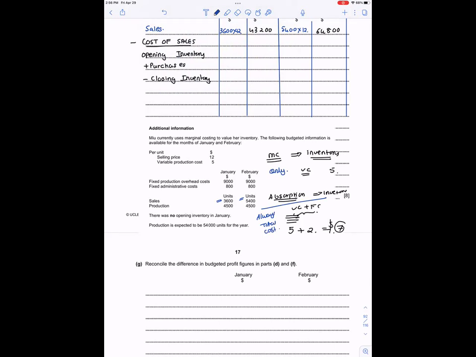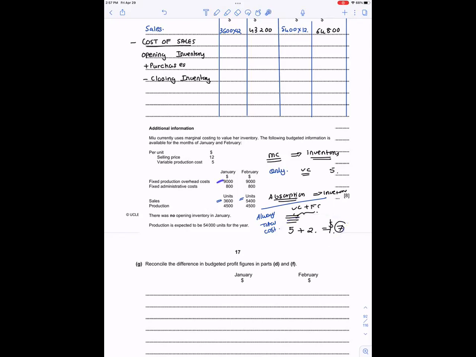Are you all with me? I am waiting for your reply. Yes, miss. So you all understood that in absorption costing, your opening inventory or your closing inventory, everything will be valued at the total cost.